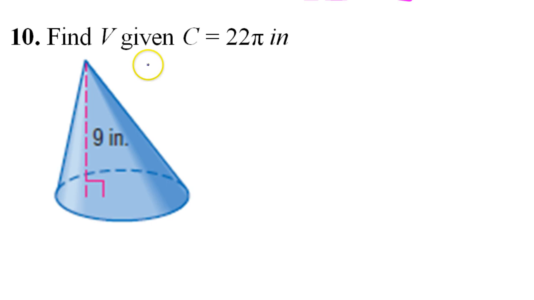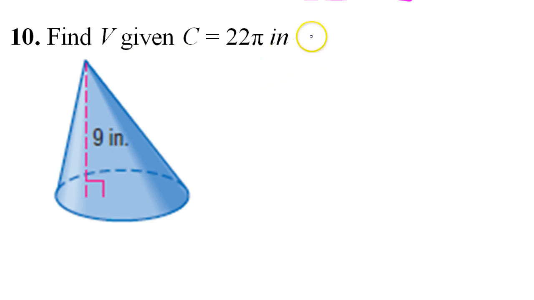Alright, for the last problem, we're supposed to find the volume. But this time, we're given the circumference instead of, like, the radius or something. So, we're dealing with a cone.